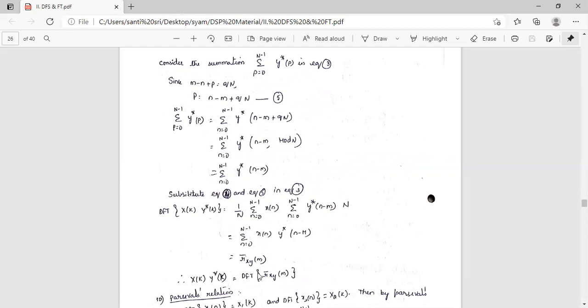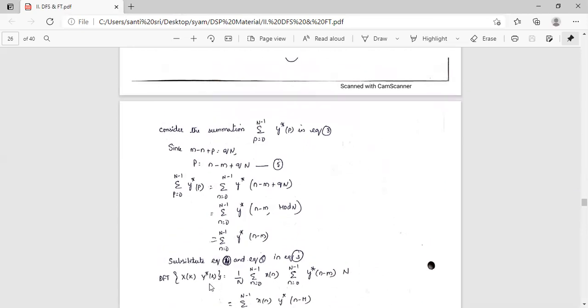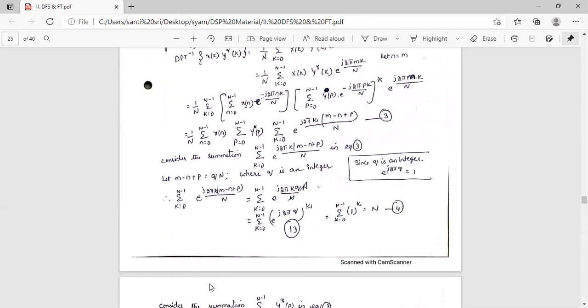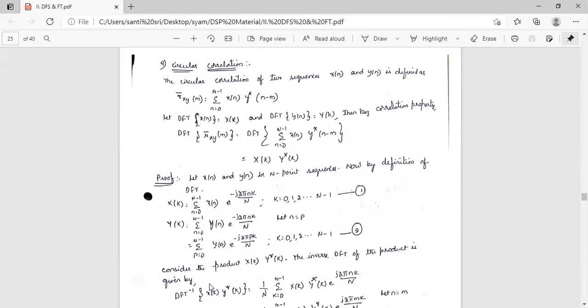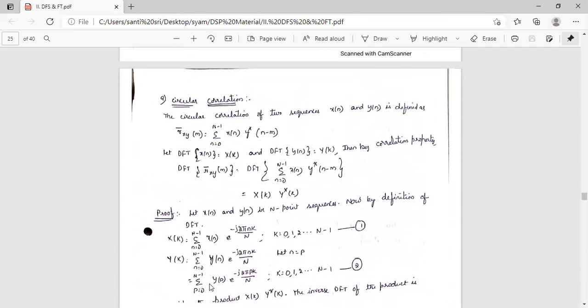It is nothing but rxy bar of m. So therefore X of k multiplied by Y star of k is equal to discrete Fourier transform of rxy bar of m. Okay, this is the property. What is that property? It is the circular correlation property.